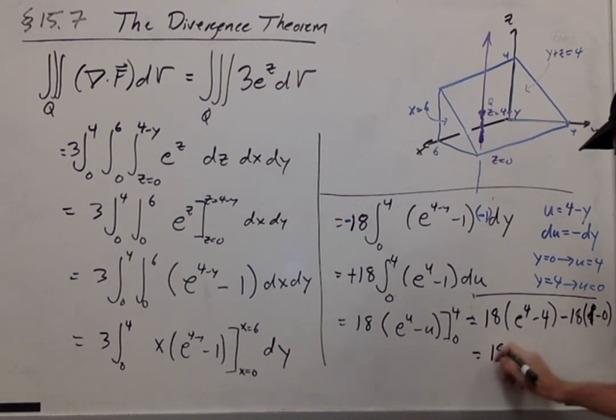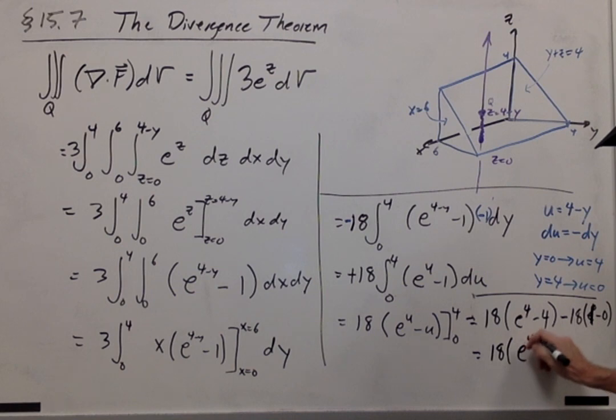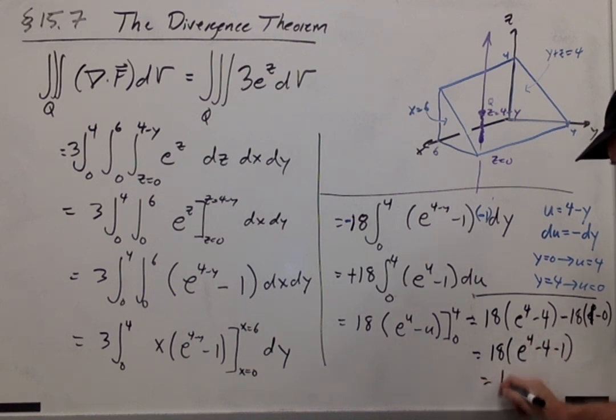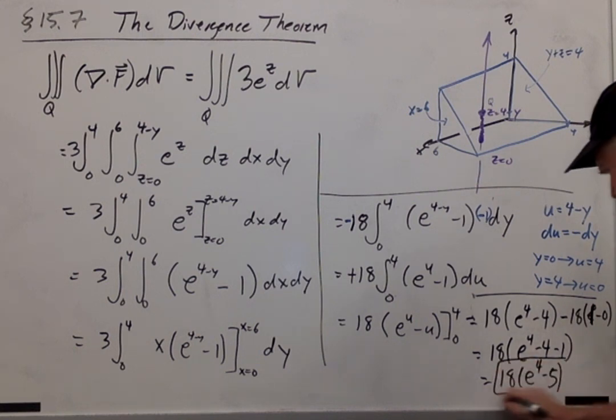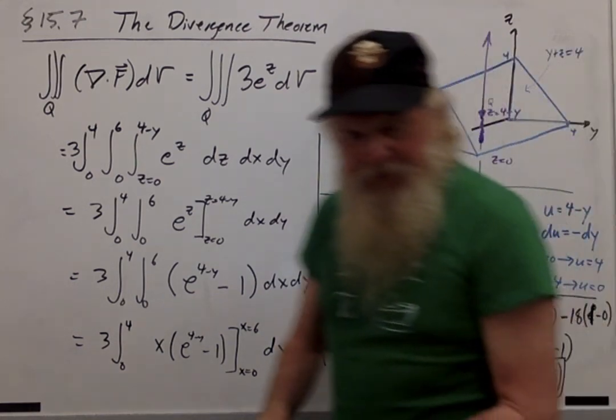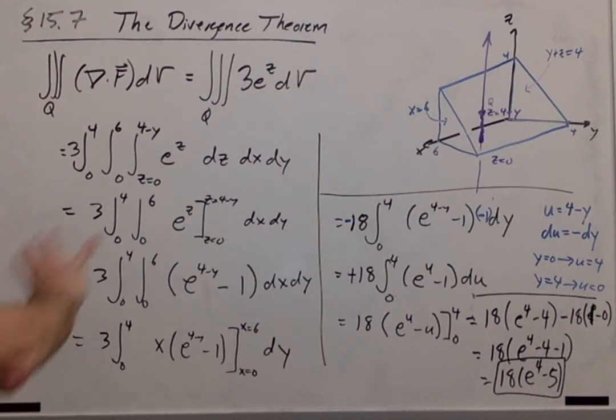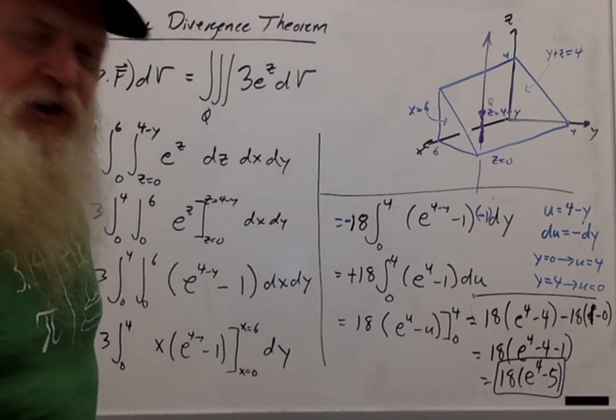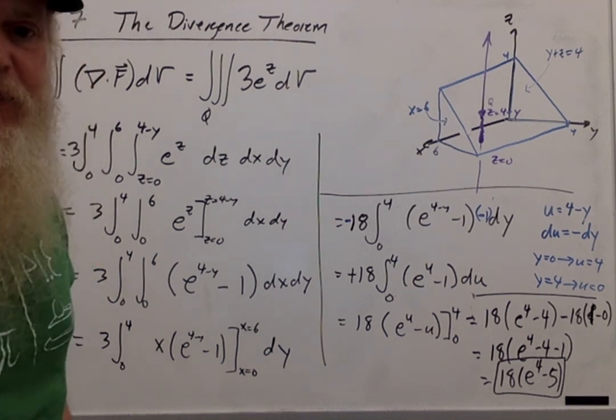So factoring out the 18, I have e to the 4th minus 4 minus 1, which is 18 times e to the 4th minus 5. And that's the integral. It was a fair amount of work, but nowhere nearly as much work as it would have been had we carried out those 5 surface integrals separately.